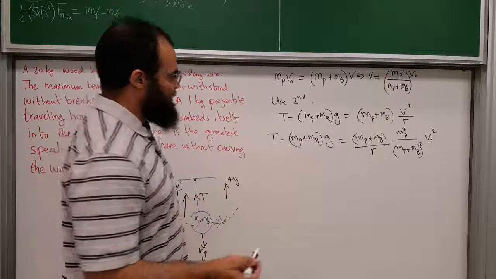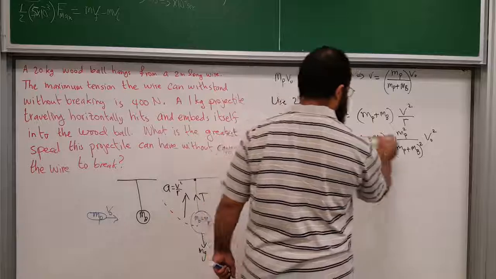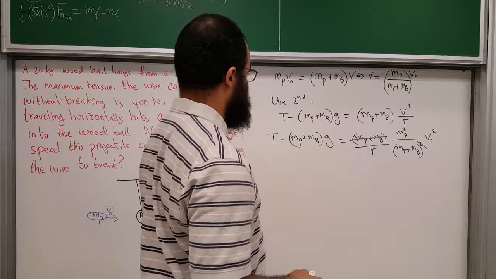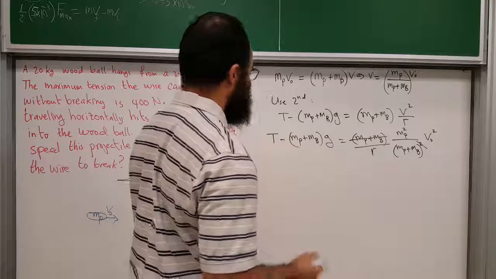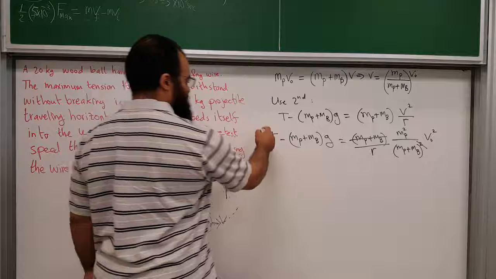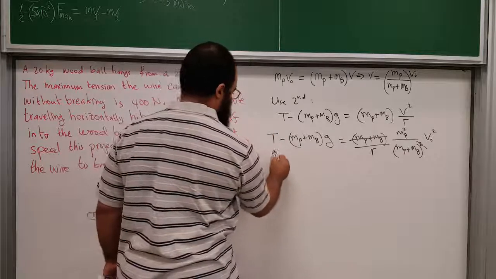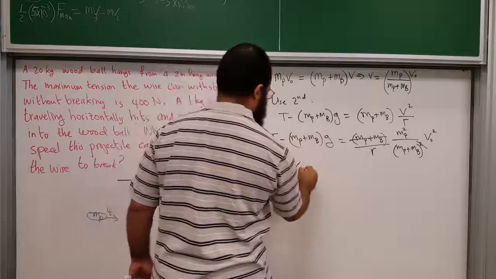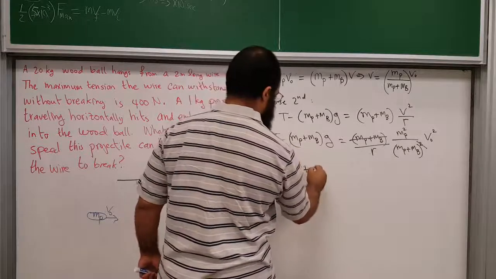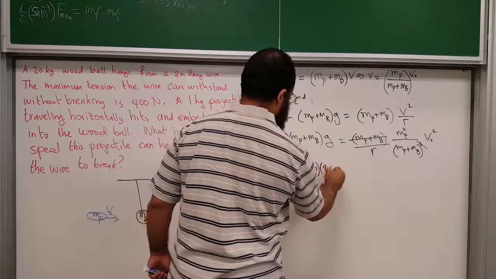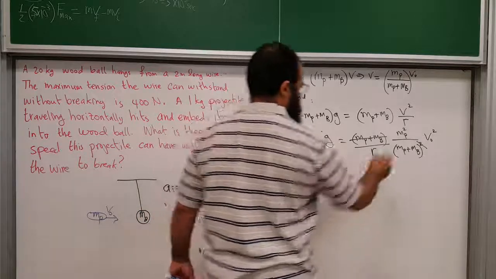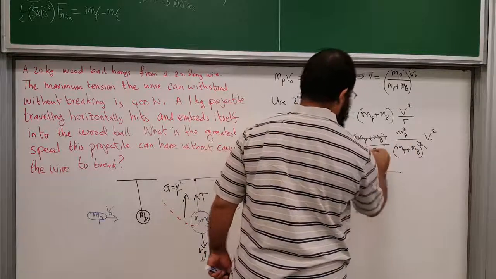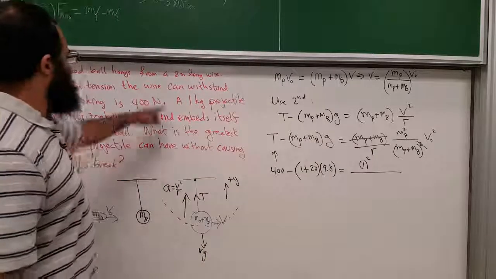I think we can just now cancel one of these, and then substitute the numbers and solve for v. We want the tension to be as large as possible, so that's 400 minus the mass of the projectile, 1 kilogram, plus the mass of the block, 20 kilograms, times G, of course, 9.8, equals the mass of the projectile, 1, squared, over r, the length here, which is 2 meters.